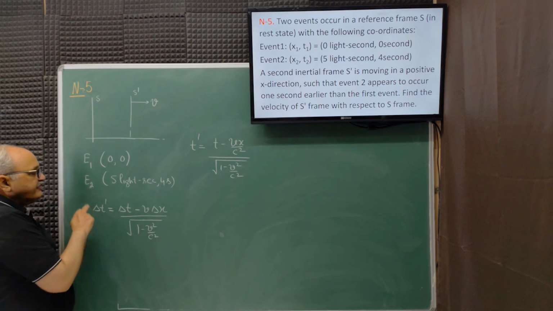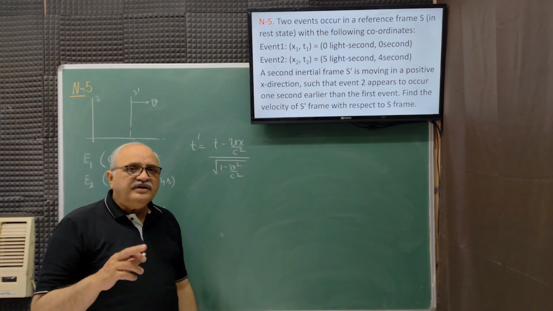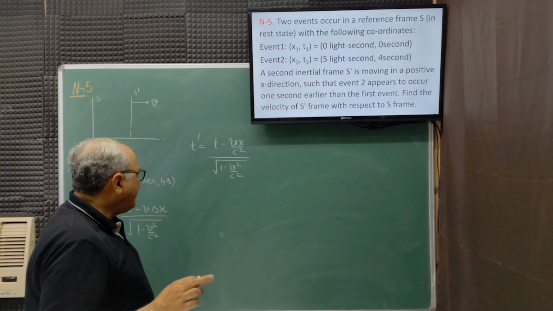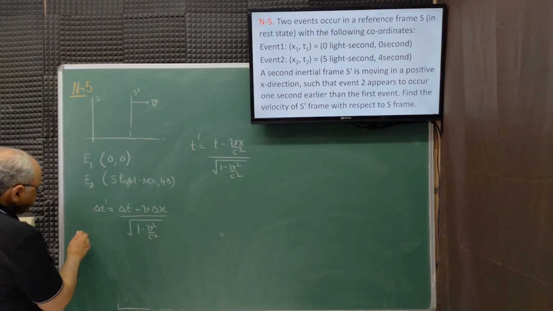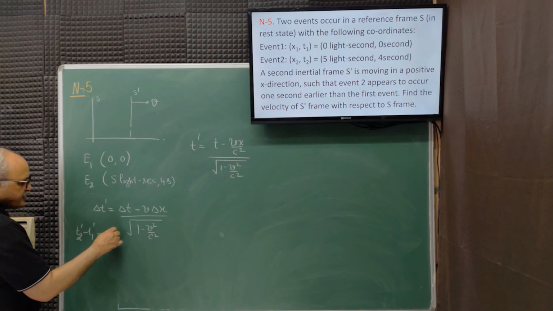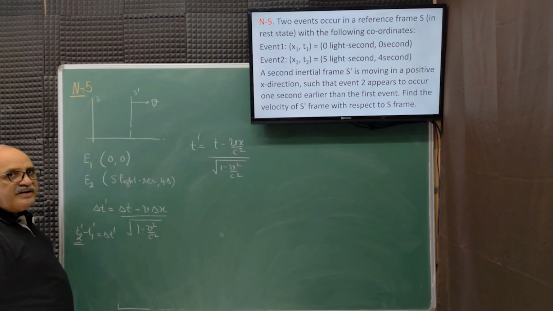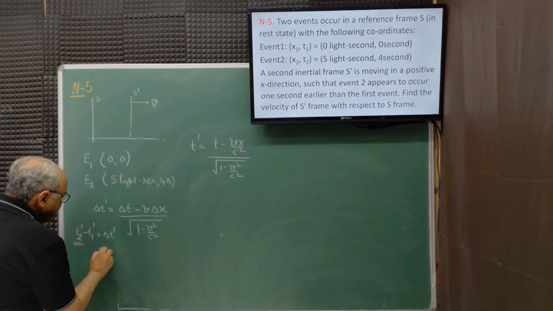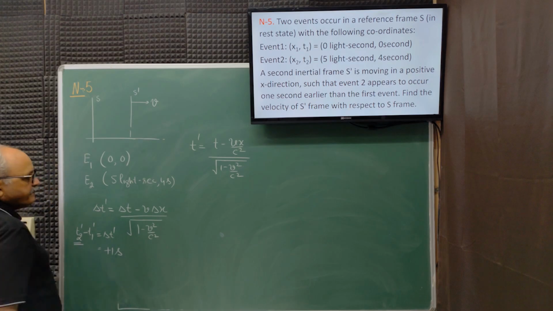Since this second event appears to occur 1 second earlier, delta t dash, which is nothing but t2 dash minus t1 dash, is plus 1 second.